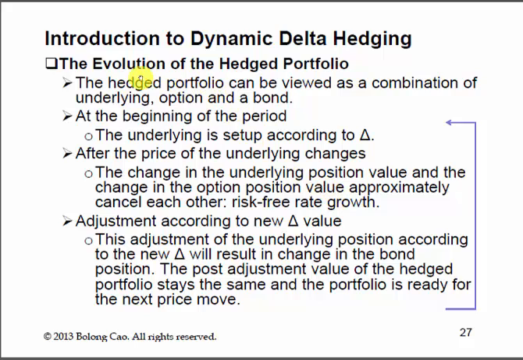So let's think about the evolution of the hedged portfolio. The hedged portfolio itself can be viewed as a combination of the underlying, which is an asset, the option written, which is a liability, and a bond position. This bond position sometimes can be an asset. That means you bought a bond because maybe you sold some shares from the long position, and with the proceeds, you bought some bonds.